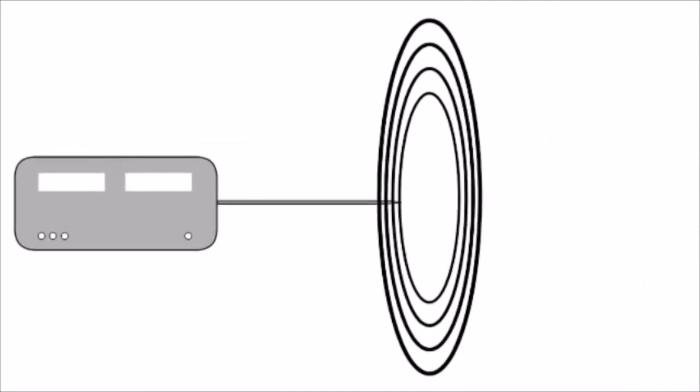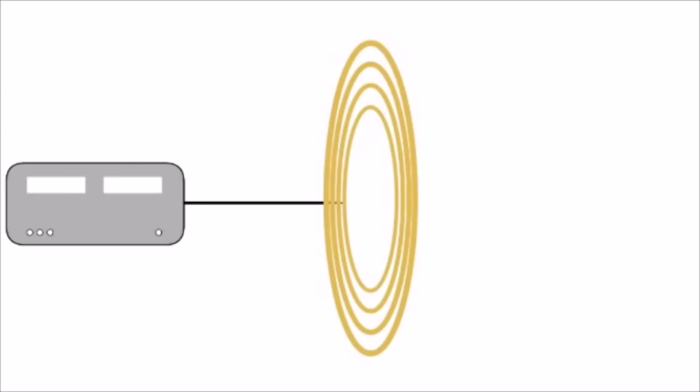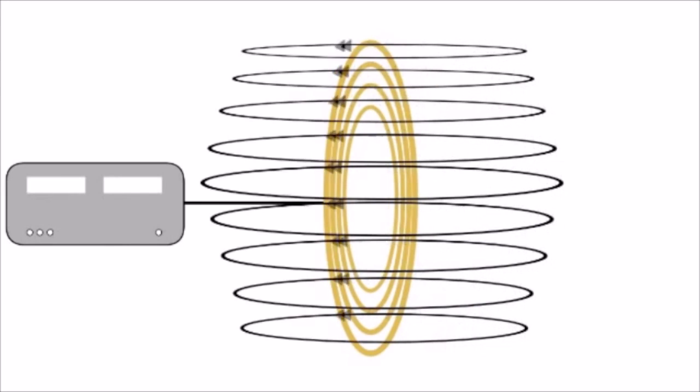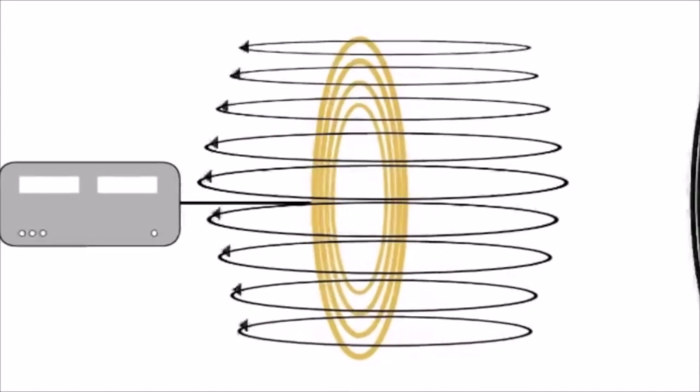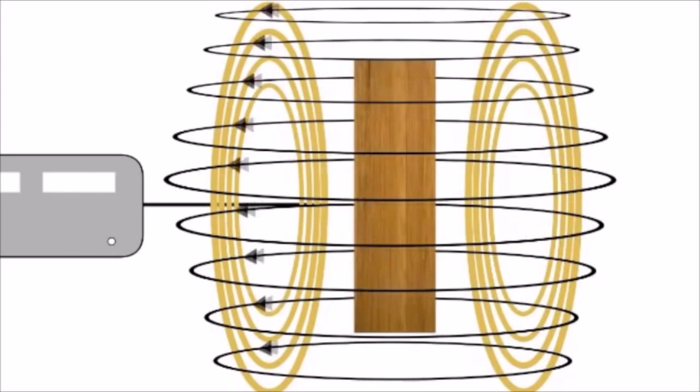The wireless power transmitter sends an AC signal to the transmit coil. Current flowing through the coil induces a magnetic field that is emitted in all directions. When a second coil is brought in range of the first, the oscillating magnetic field induces current in the receiver coil.